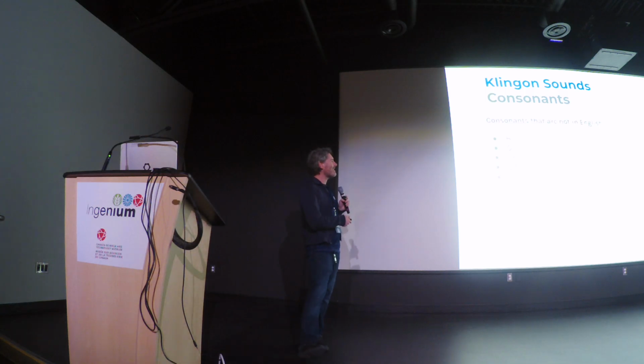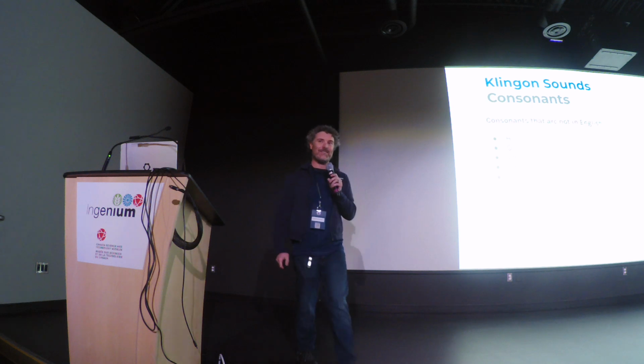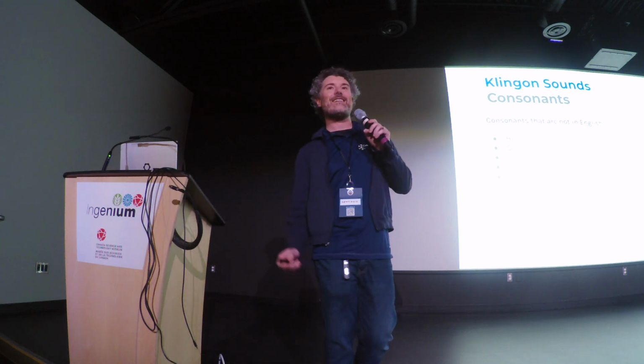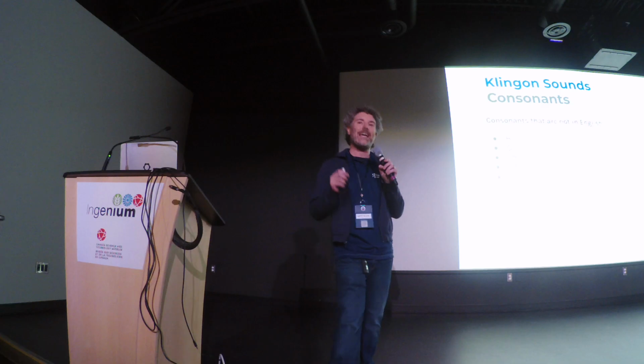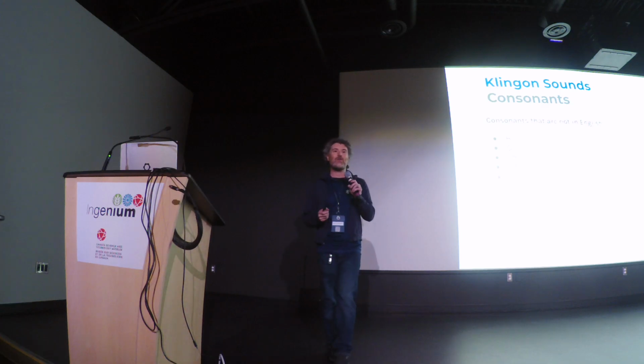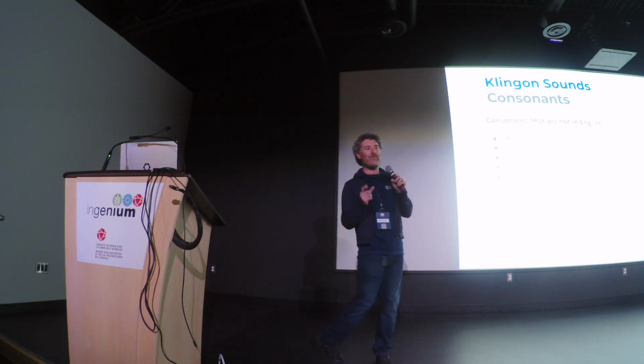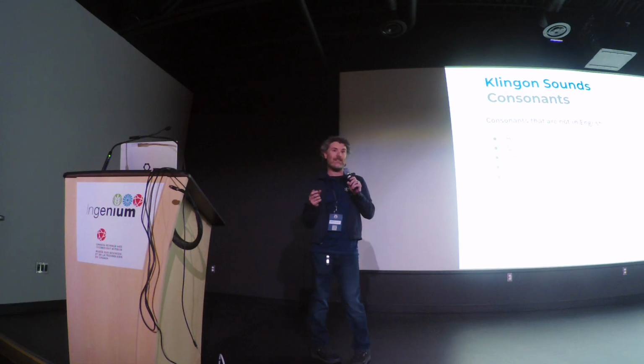The final consonant is spelled with an apostrophe. So you'll see apostrophes everywhere. It is treated as a consonant in Klingon, and it is a pause or a shortening. So there's the word ti.